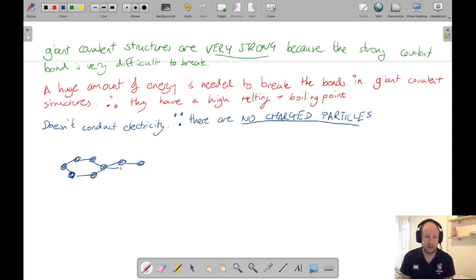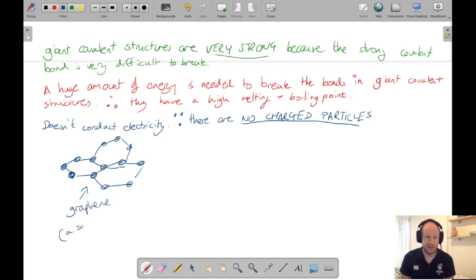What have I done here? I've made a pig's ear of this drawing. Okay, cool. 1, 2, 3, 4, 5. This is the worst drawing of graphite I've ever done. If there's just one sheet here, like this, this is graphene.